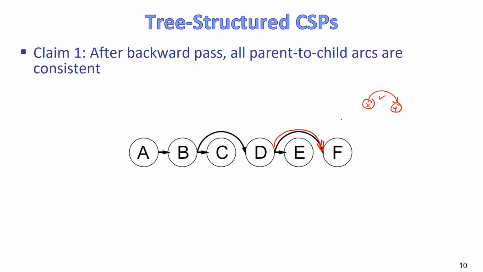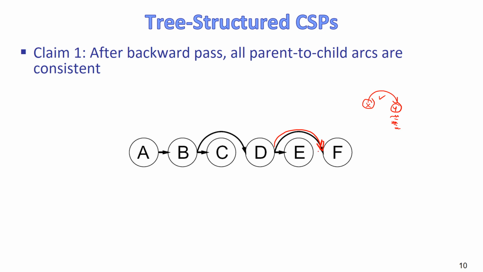Exactly. If it happened that we changed the values in the domain of y, so let's say that we have multiple values here. If we removed some of them, by removing these values, we might make this arc inconsistent now. So we'll have to make sure that there will be values here that will be consistent with values of x.